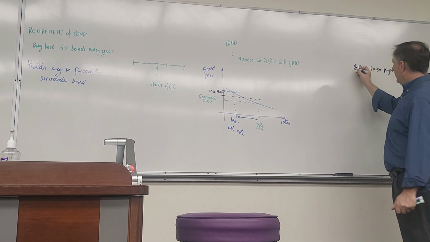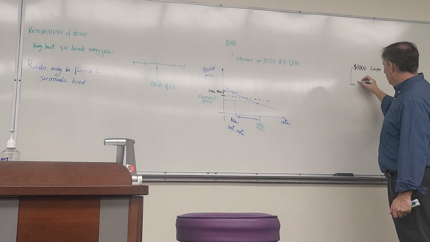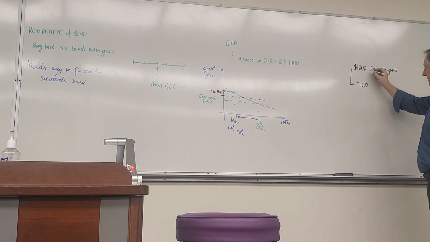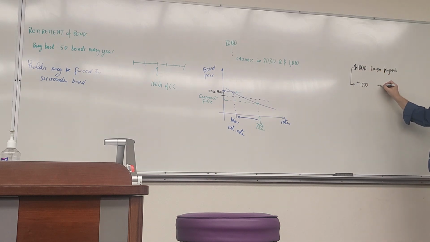And this firm can take this $1,000, add $1,000 of its own money, and take this $2,000 and turn it into $5,000. So if you are the firm, you can take this $2,000 investment and turn it into $5,000. So it's a 250% return.